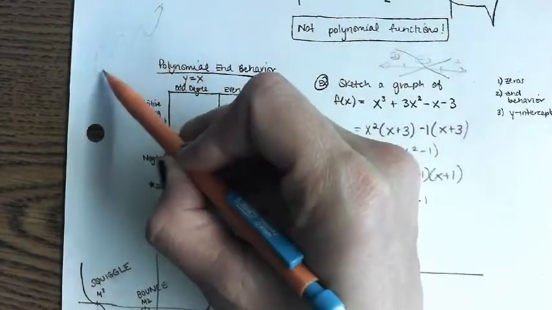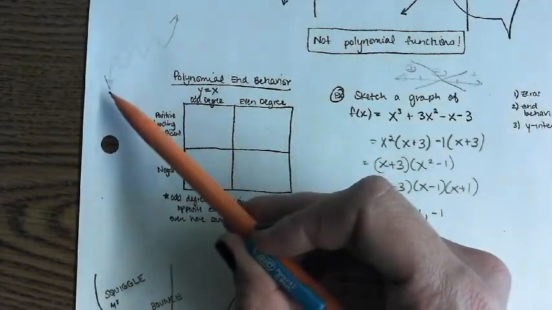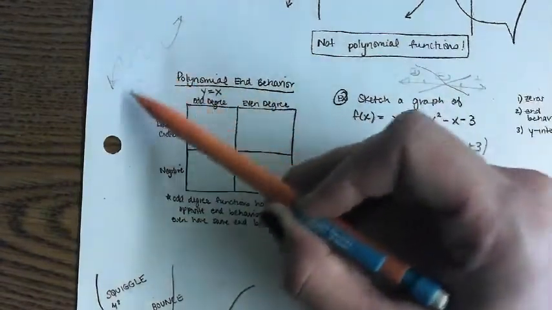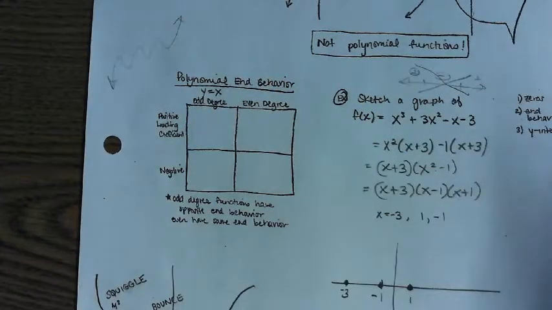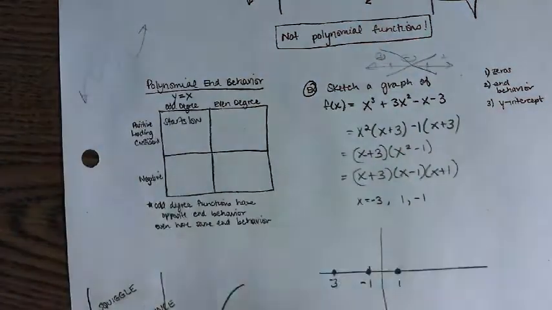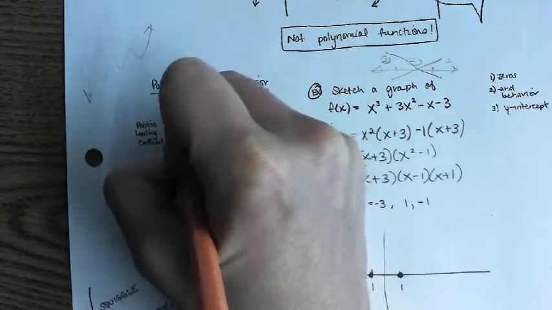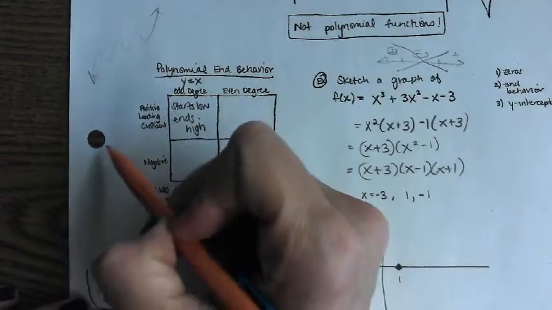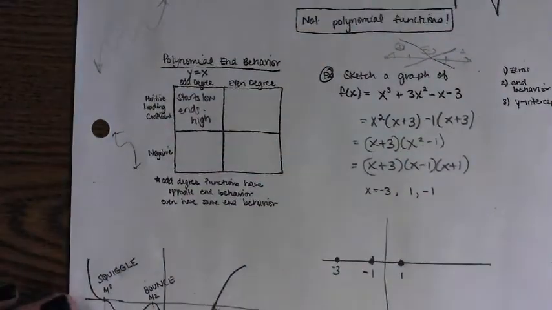But overall, start to finish, if you're odd, your overall slope is going to be positive if you have a positive coefficient, right? So that starts low, meaning from -infinity, and ends high, meaning to positive infinity. And if you have y equals -x with a negative leading coefficient, the overall slope is negative. Starts high, ends low.